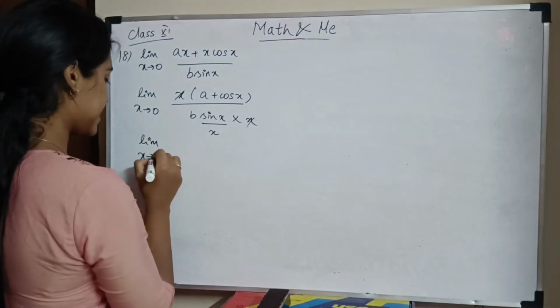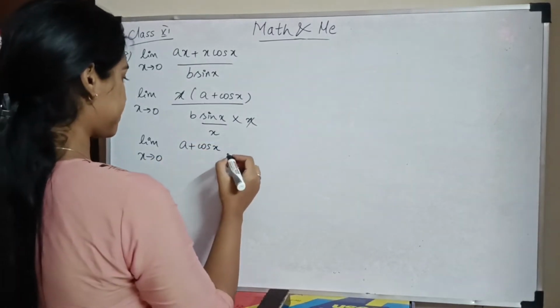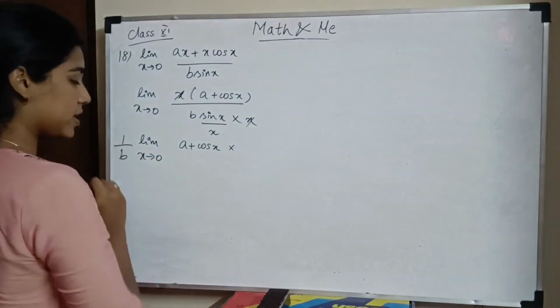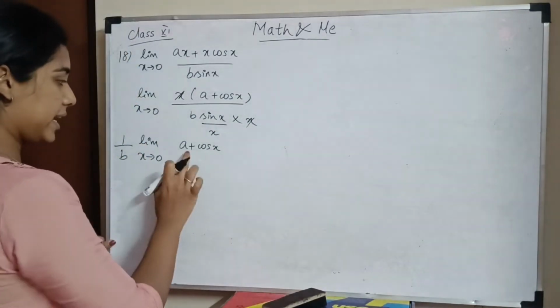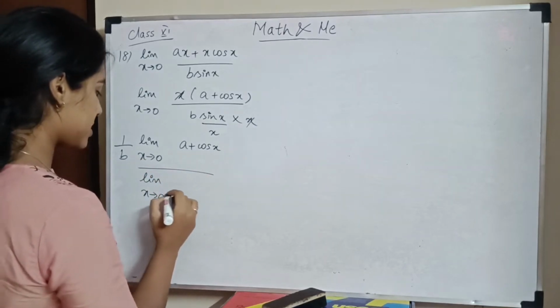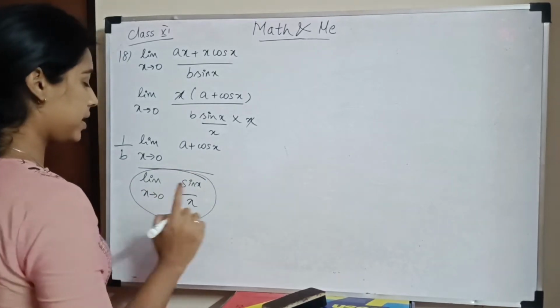Limit x tends to 0, a plus cos x times b வெளியில எடுத்துடலாமா? 1 by b because it is a constant. 1 by b, a plus cos x. What do you have in the denominator? Limit x tends to 0 sin x divided by x. This will be 1.